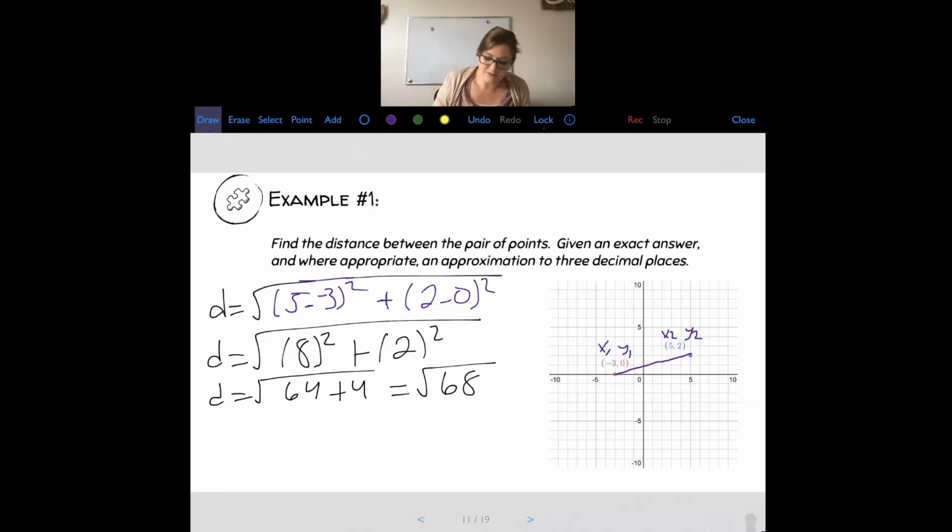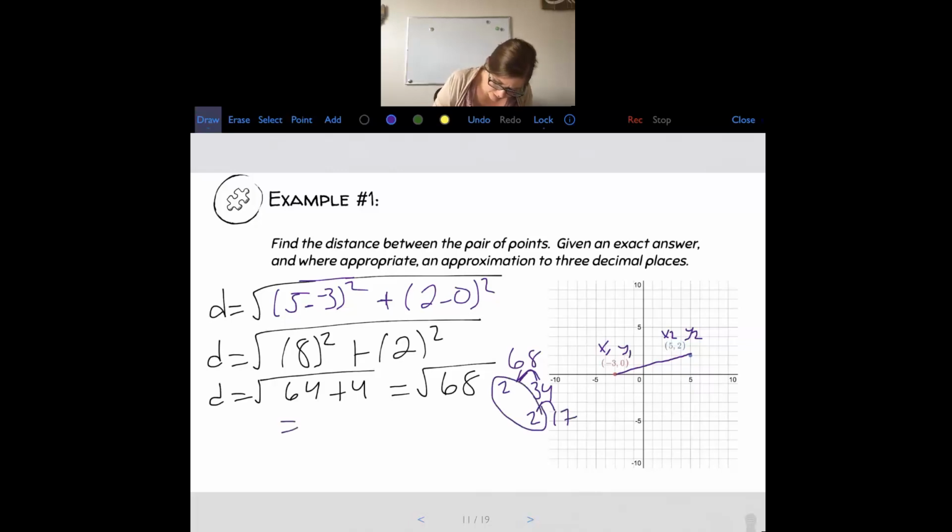Now what we need to do is simplify this and give an exact answer. For the square root of 68, you can do that in one of the ways that we discussed before. I'm going to use prime factorization for this one. 68 breaks down. Since it's even, we know 2 goes into 68. We have 2 and 17. Here's my pair.